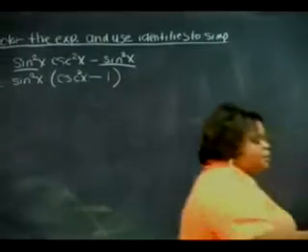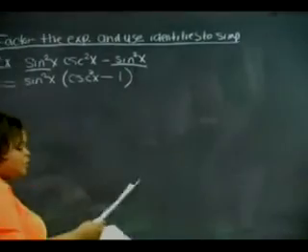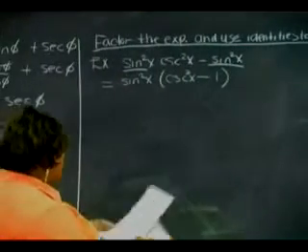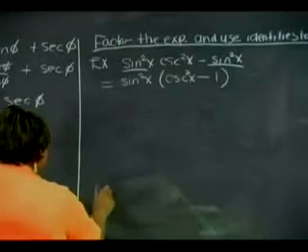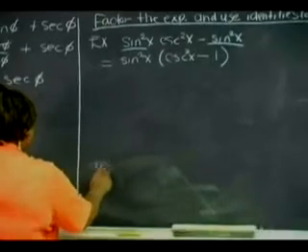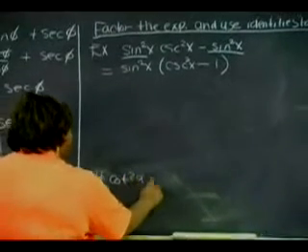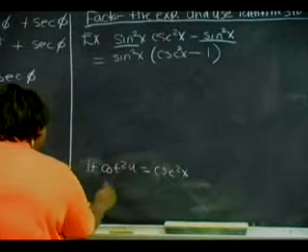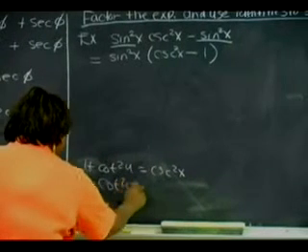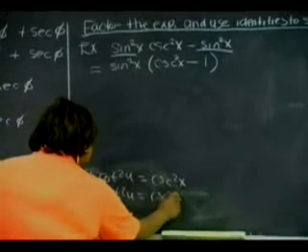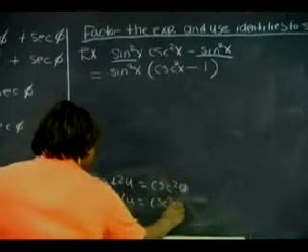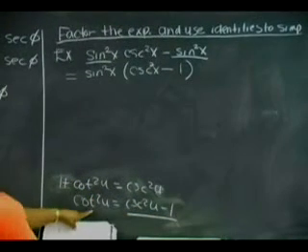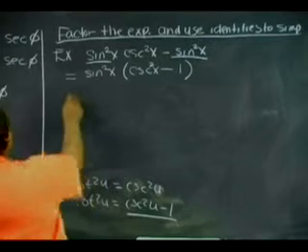We have that 1 plus cotangent squared u is cosecant squared u. Which means that if I subtract 1 from both sides, then cosecant squared u minus 1 is cotangent squared u.